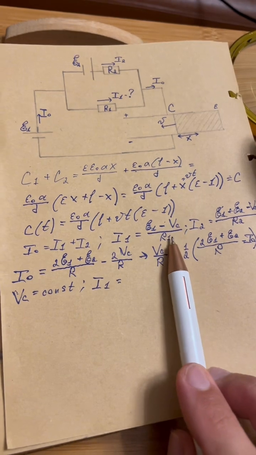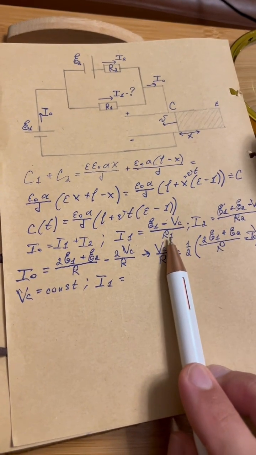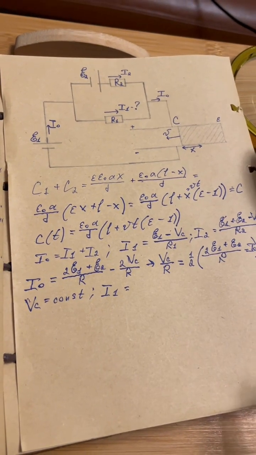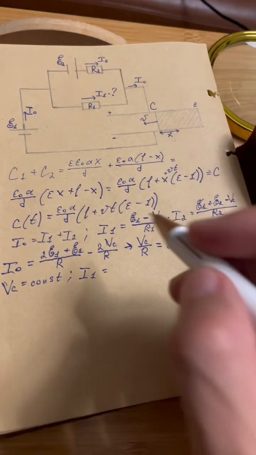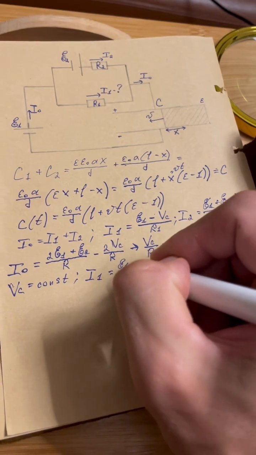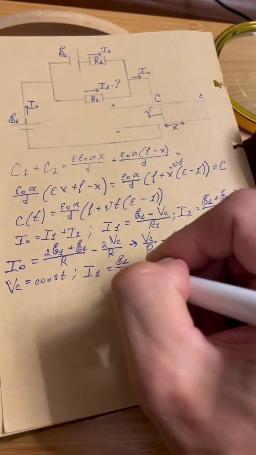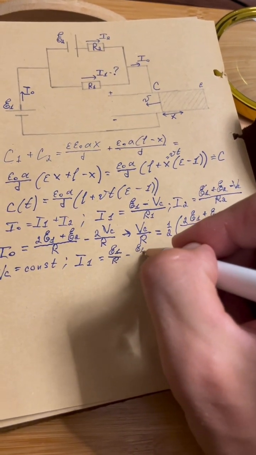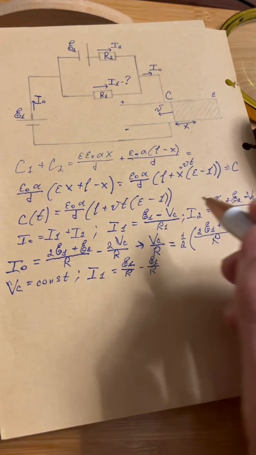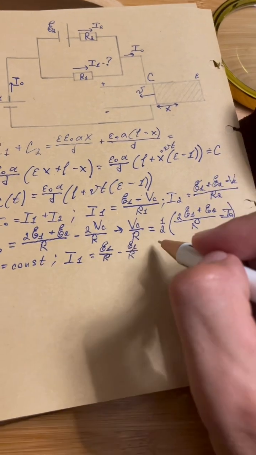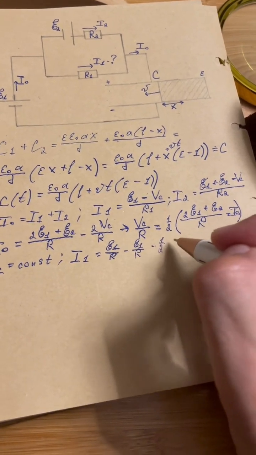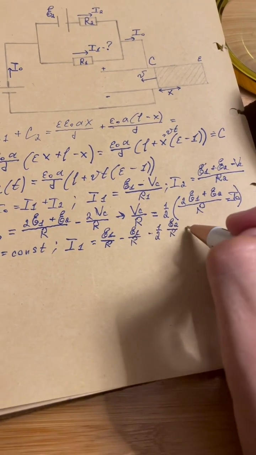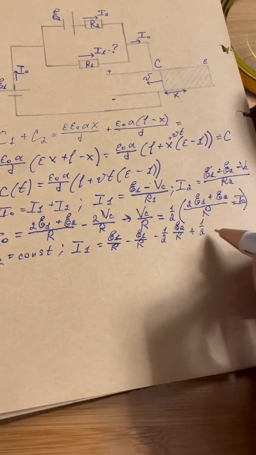EMF 1 over R1 minus VC over R1, or just R. We can denote them as just R. And let's rewrite this as EMF 1 over R minus, then we'll have EMF 1 over R again, then we will have minus 1/2 EMF 2 over R plus 1/2 I0.